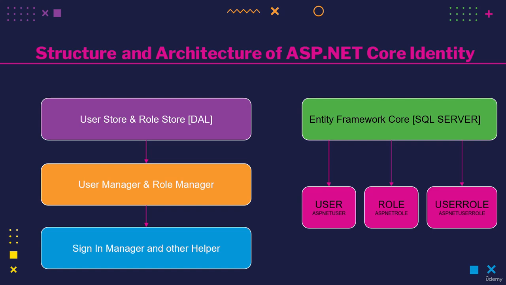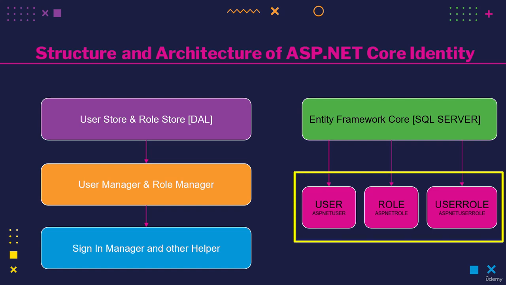The Entity Framework Core library then brings in the full implementation of user stores and role stores for these entities. We will be using Entity Framework Core DbContext for data access on these entities. If you want to use the Identity library, you will be using IdentityDbContext rather than DbContext.